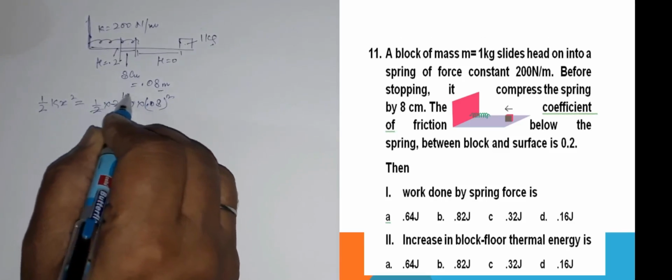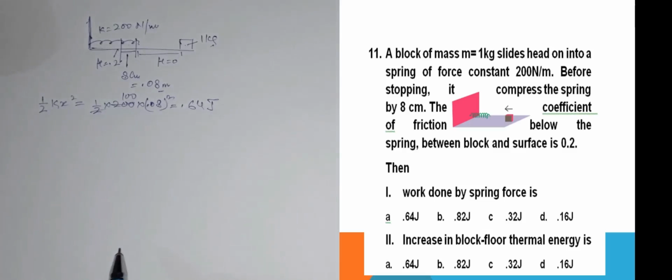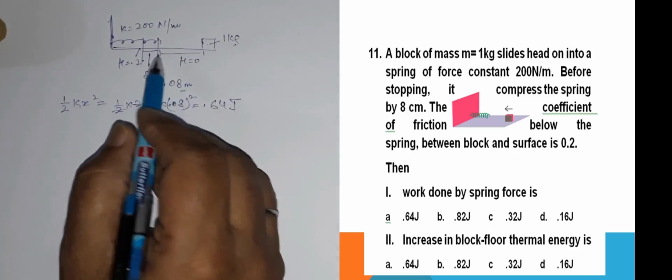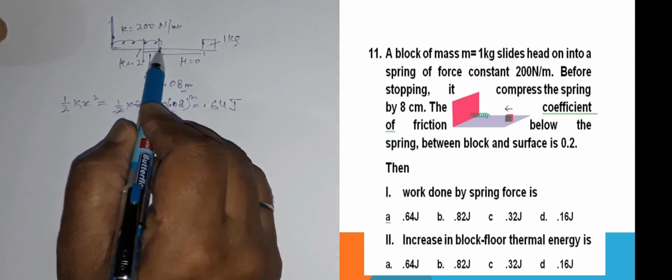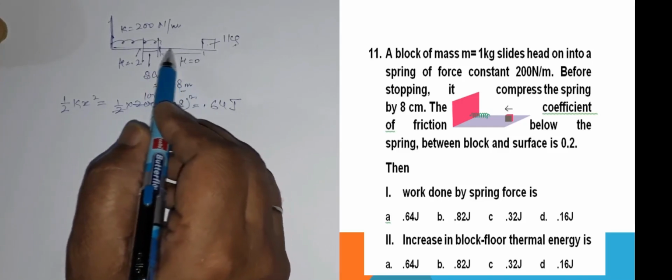You solve it, you will be getting here 0.64 joule. Second part is the increase in block surface thermal energy. From here friction starts acting, that means from here to here there is no frictional force, no work is done.